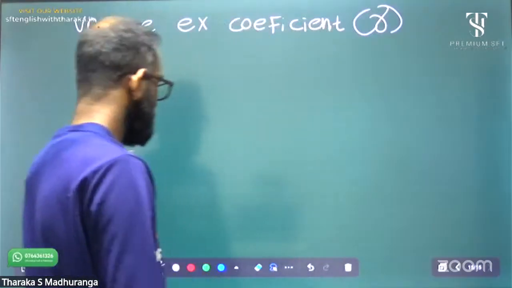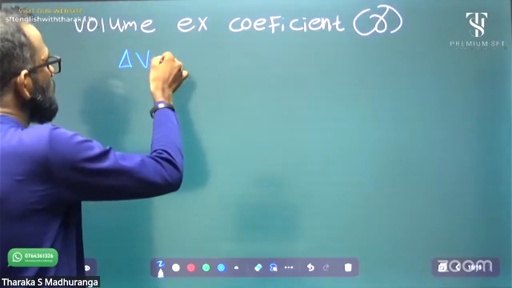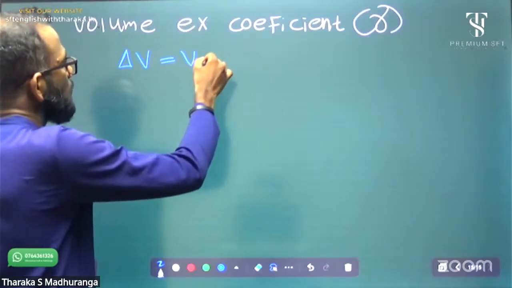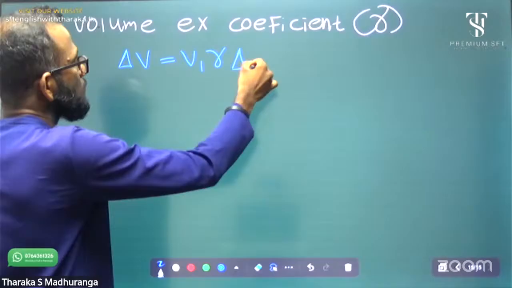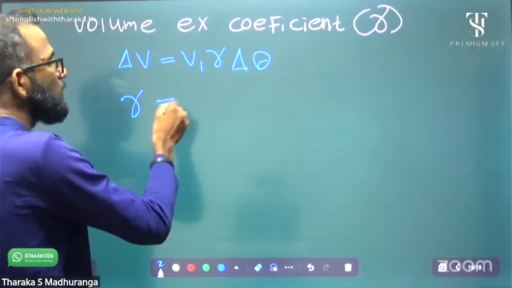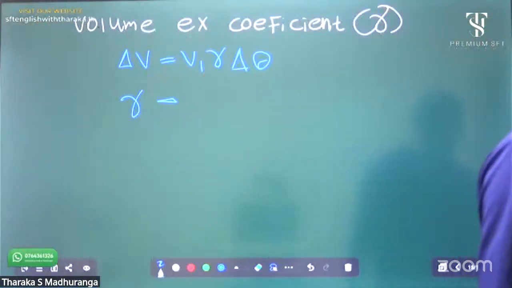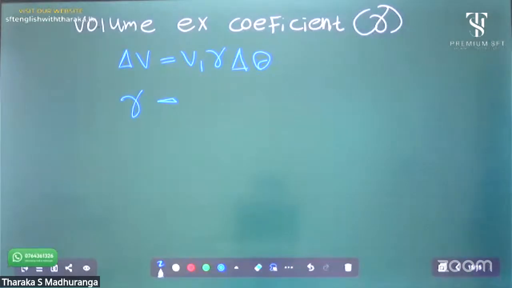Okay, now what is our basic equation? Delta V equals V1 gamma delta theta. Please isolate the gamma.